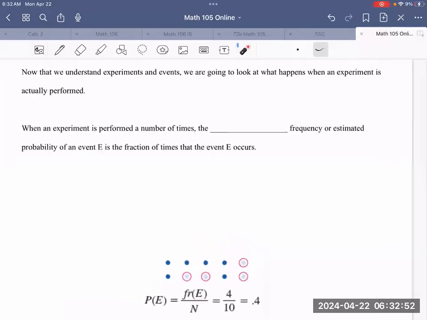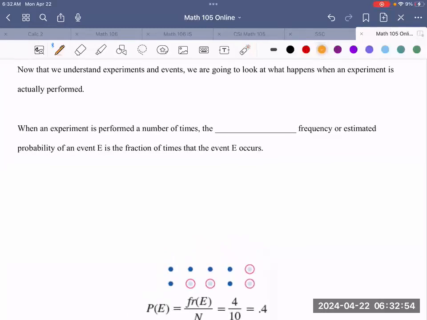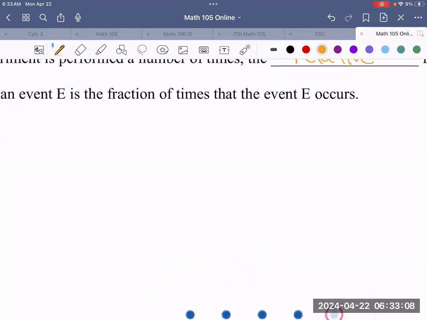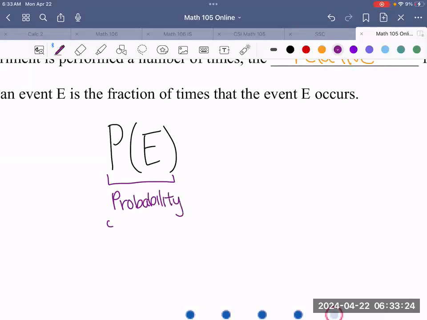It says when an experiment is performed a number of times, the relative frequency or estimated probability of an event E is the fraction of times that the event occurs. That has the equation P of E. The P is always going to say probability, so this is the probability of whatever event we're talking about.